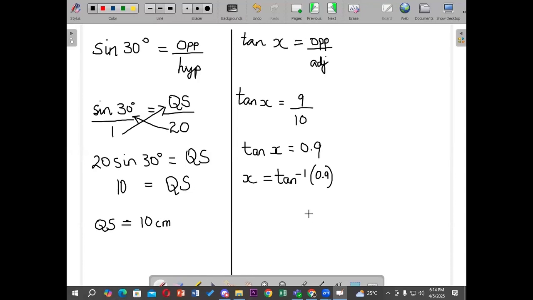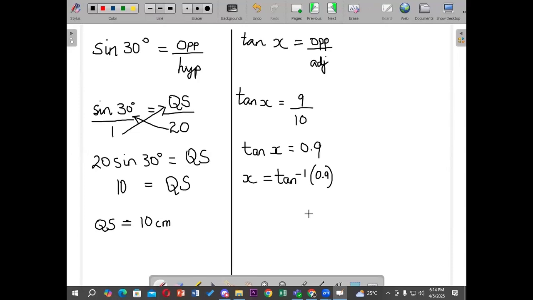So if I have to find that value X, I'm using the inverse function. So when you have tan inverse on your display, type 0.9 and press equal, and you should get an answer. All right, so let's work it out. Because also keep in mind, it's set to the nearest degree.